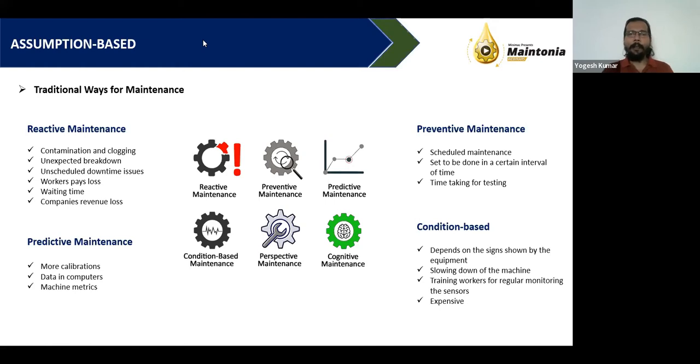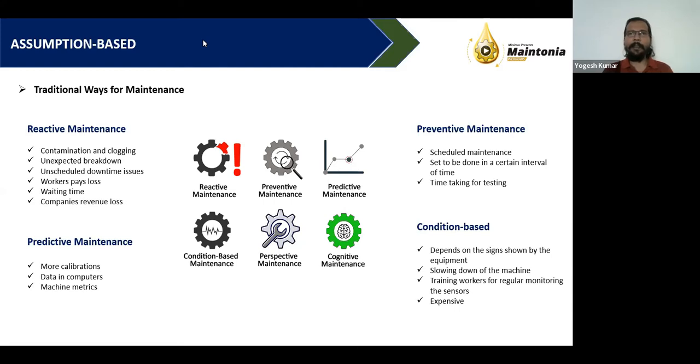So in this era, or the era we are right now, or we were, almost 5 types of maintenance practices have evolved, like reactive maintenance, predictive maintenance, preventive maintenance, condition-based maintenance, and prospective maintenance.